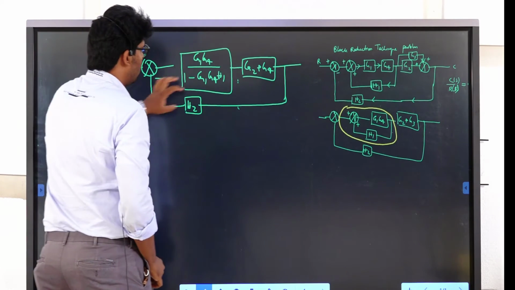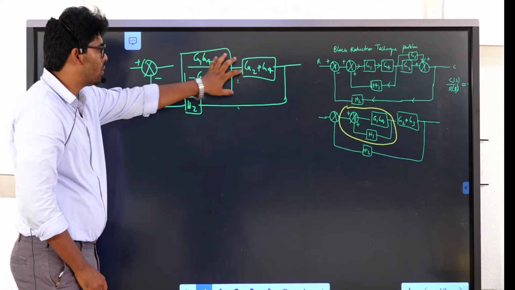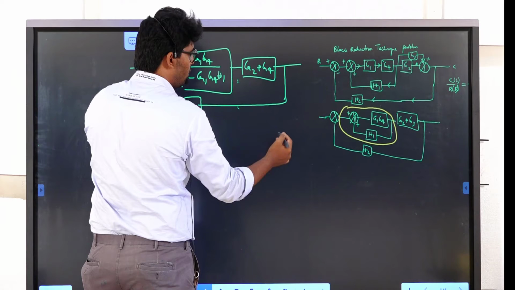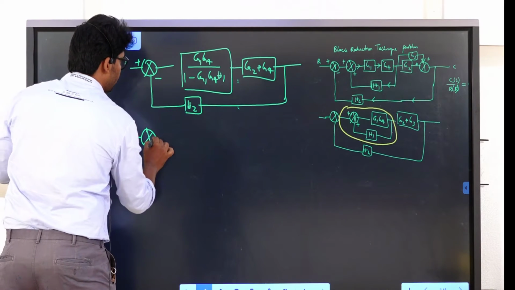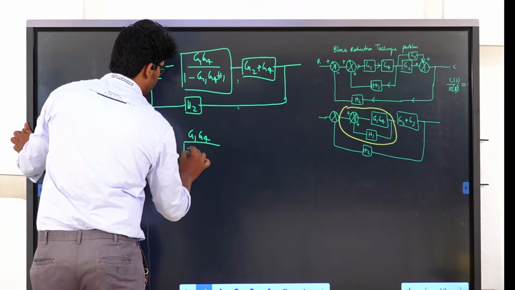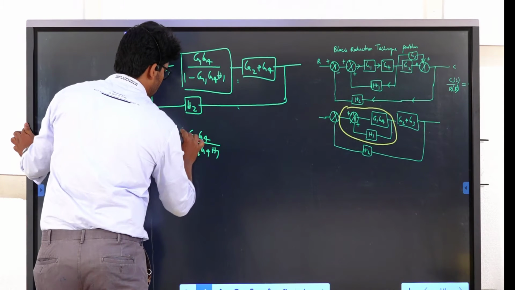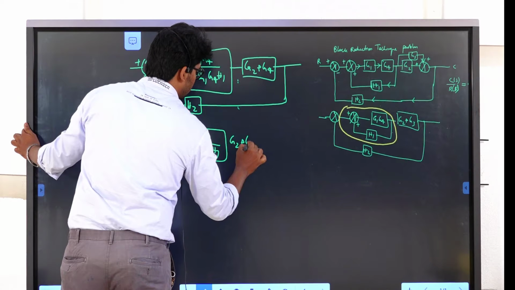Now again, these two are in which form, series or parallel? These two are in series form, so G1 and G2 in series we multiply. I multiply these two blocks: G1 G4 divided by 1 minus G1 G4 H1, into G2 plus G3.